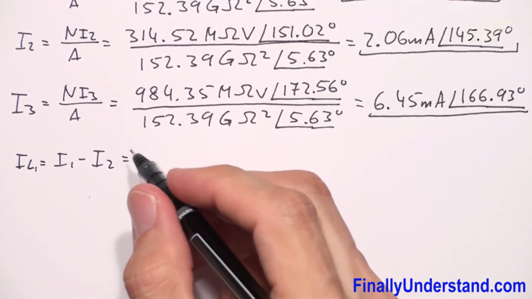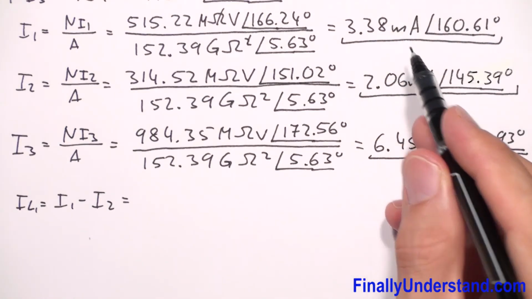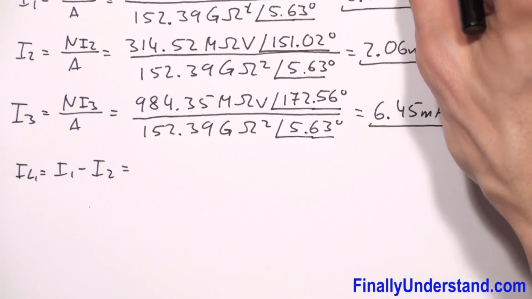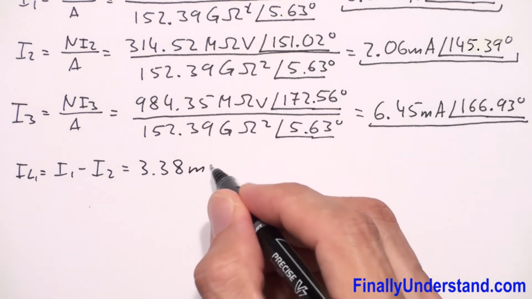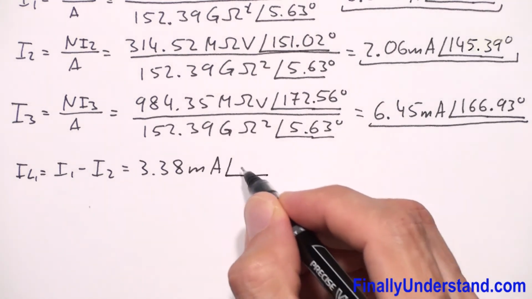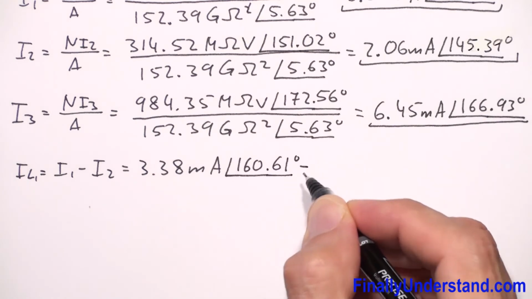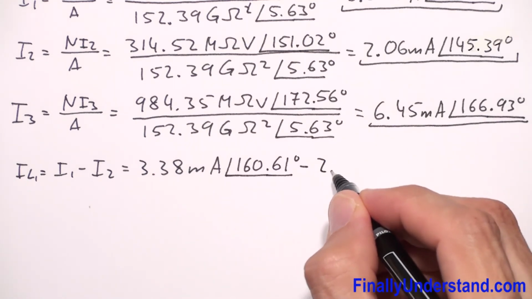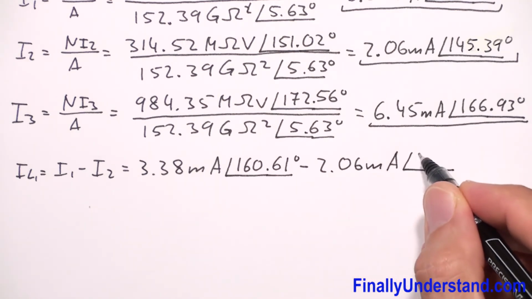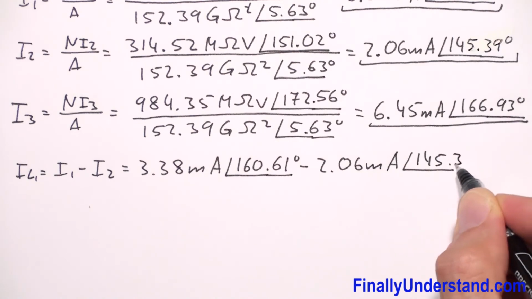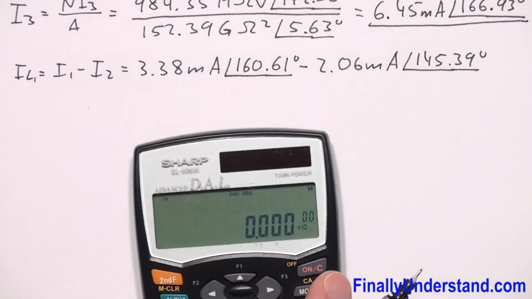Okay, so we found that I1 is equal 3.38 milliamps and angle of 160.61 degrees minus I2, which is equal 2.06 milliamps and angle of 145.39 degrees. Okay, now I'm going to use the calculator to perform the subtraction.